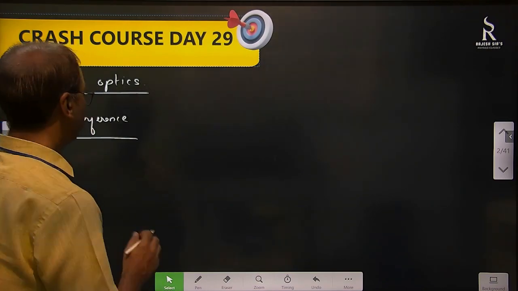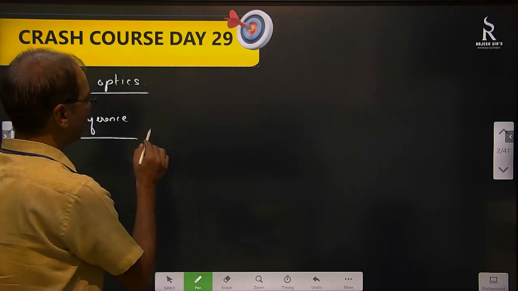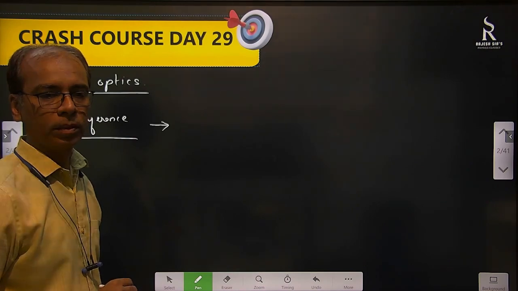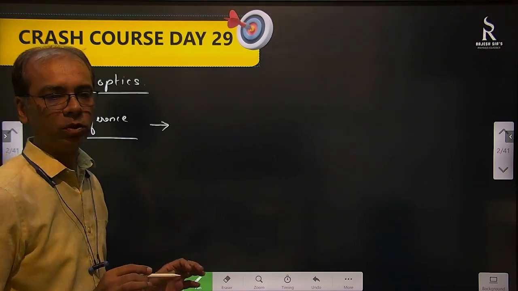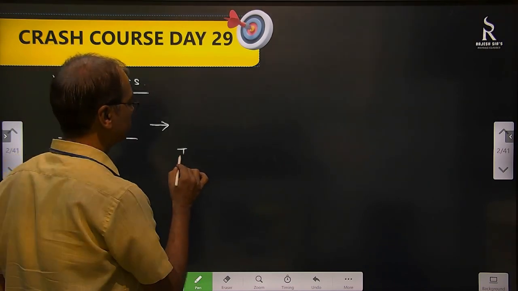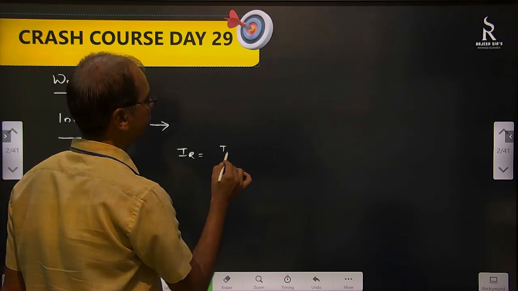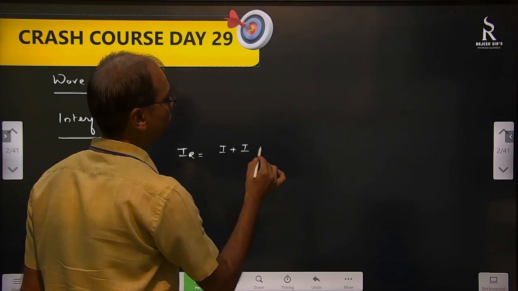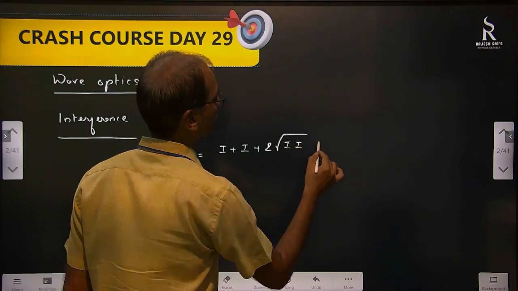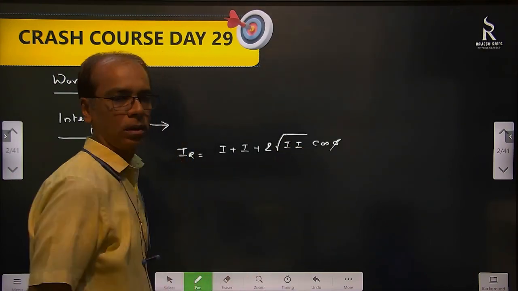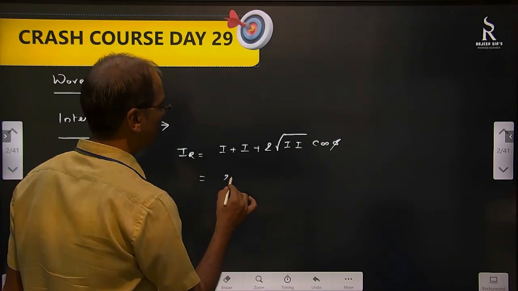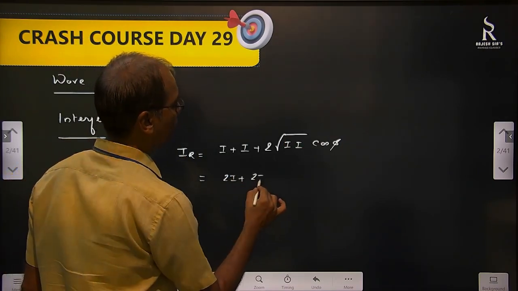Today we start with this: suppose two sources have the same intensity I, and there is a phase difference phi between the two at the meeting point. Then what was the resultant intensity? We discussed it is I1 plus I2 plus 2 root I1 I2 cos phi. We did a question on this yesterday. But now this is 2I plus 2I cos phi.